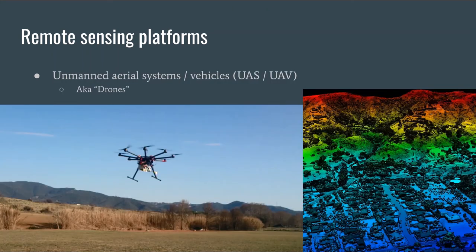A huge, rapidly developing area within remote sensing, of course, is the development of unmanned aerial systems or unmanned aerial vehicles, also known as drones. Just to clarify the terminology a little bit, a UAV, that V stands for vehicle, usually just refers to the vehicle itself.